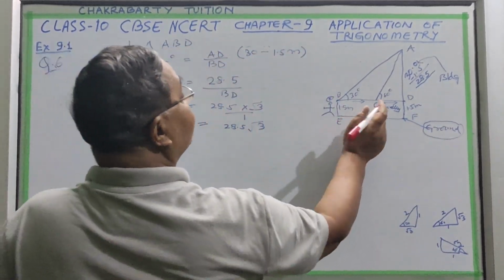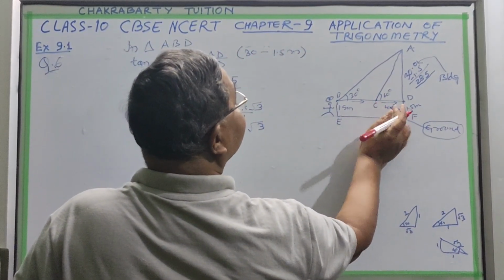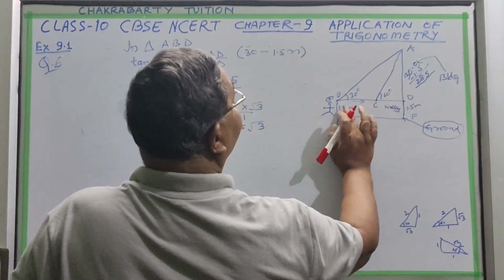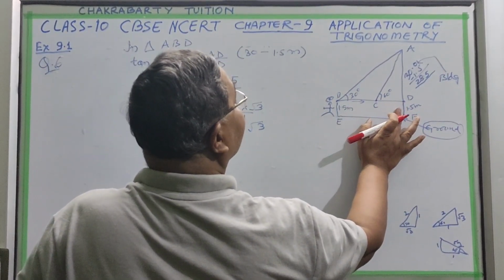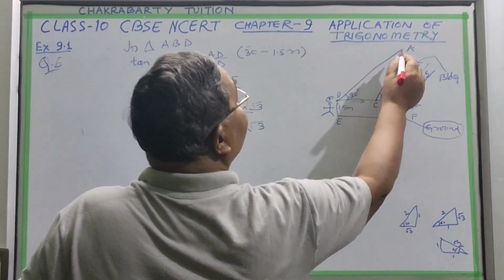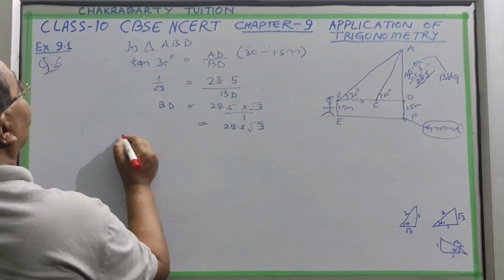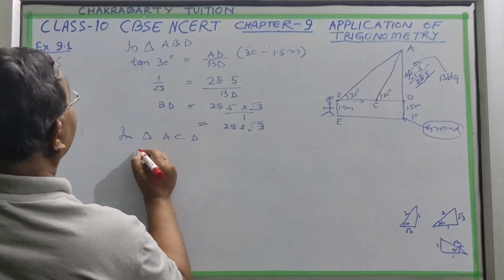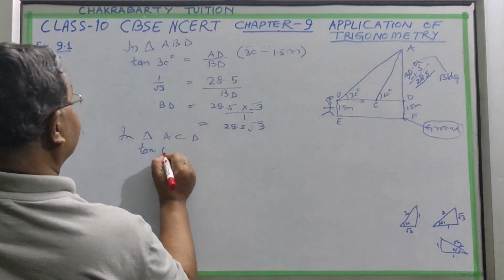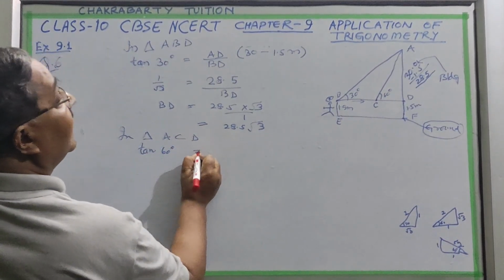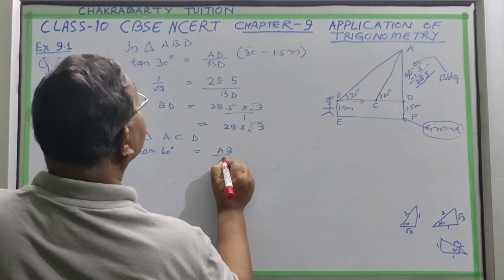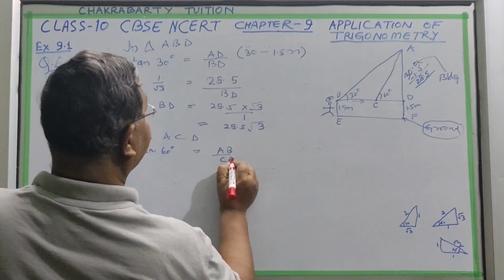From this point where he has reached, this is C. So in triangle ACD, tan 60 degree is equal to AD upon CD.